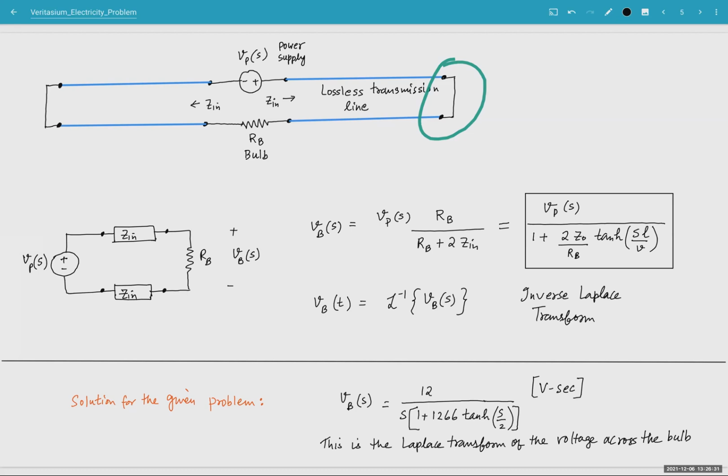So in that sense, there are no reflections at the joint near your initial supply here. So this transmission line basically acts like a resistor, a shunt of Z0 value. And this is the pretty amazing thing about transmission lines. Despite having a distributed inductance and capacitance, they appear like a shunt resistor of value equal to the characteristic impedance.